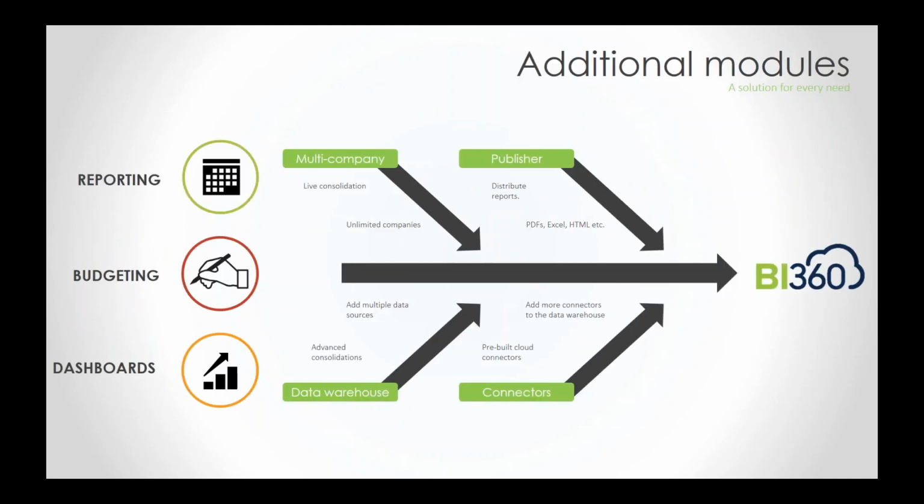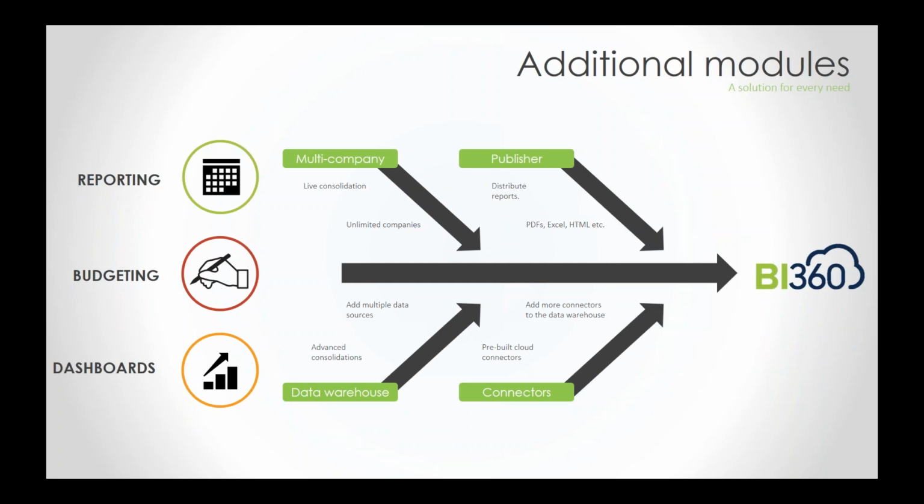To those three base modules, we have some options. I will not show you all of these options today because time does not allow for that. But for instance, we offer a multi-company module which gives you the possibility to live consolidation throughout an unlimited number of companies.